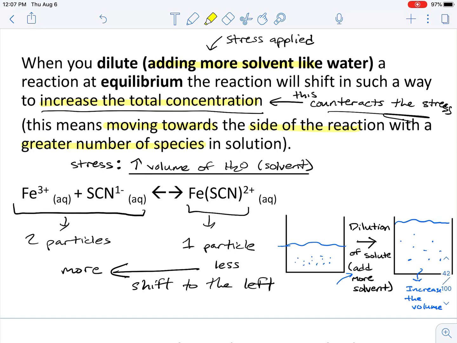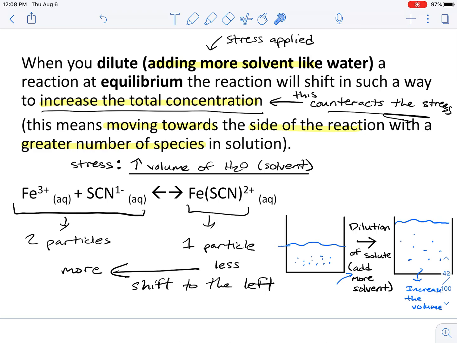And so here in this case, if this is our chemical reaction, and if we were to add more solvent, which increases the volume of the solution, the position of the equilibrium will shift to the side that has the greater number of particles, which happens to be, in this case, the reactant side.